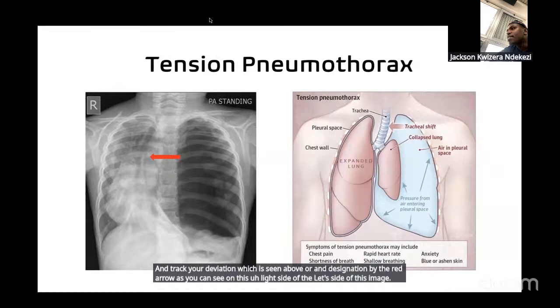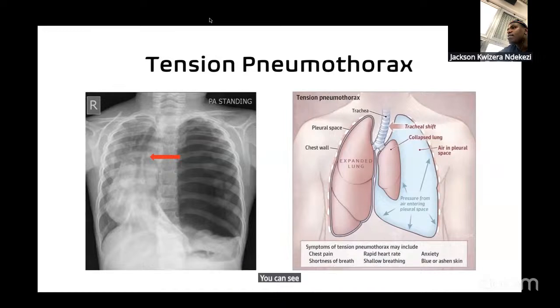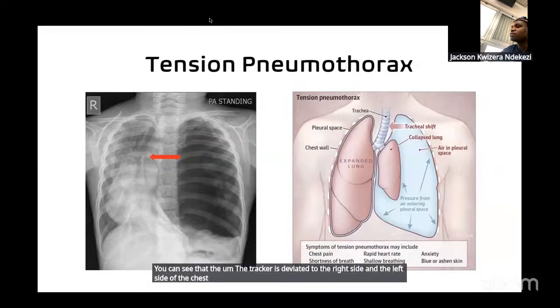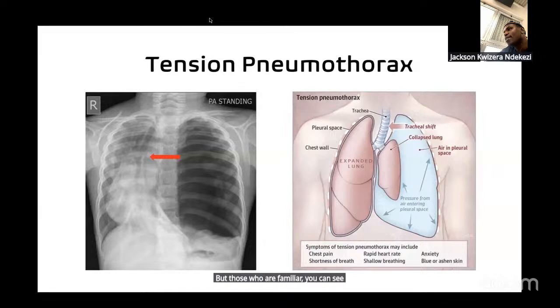You can see that the trachea is deviated to the right side, and the left side of the chest really looks like it has too much air, or is hyperinflated, due to this. And sometimes, if you're not familiar with pneumothorax, you may not find a collapsed lung, but for those who are familiar, you can see that this lung, the left lung, is completely collapsed.